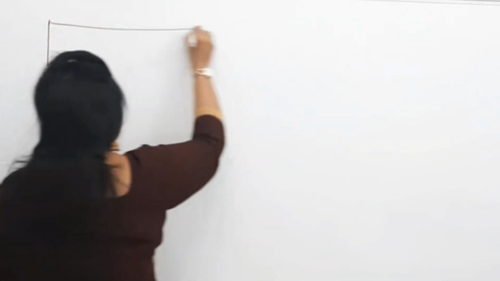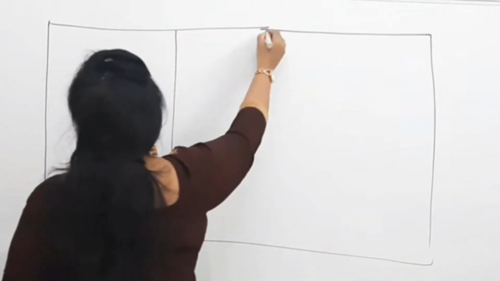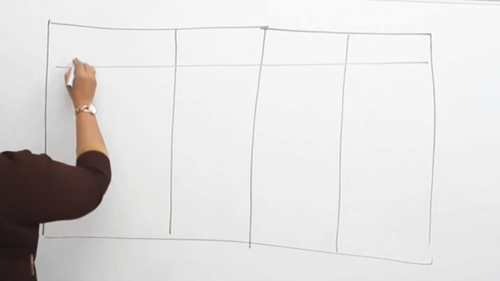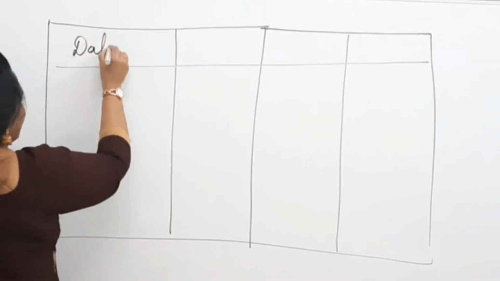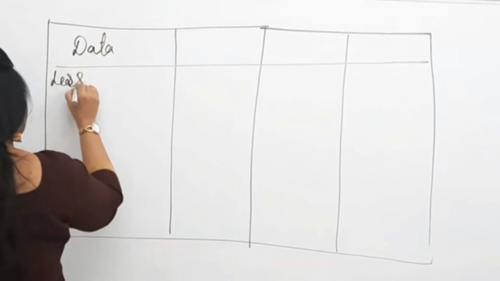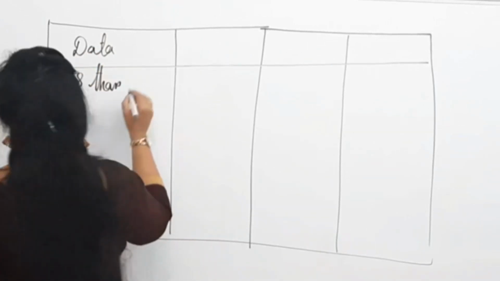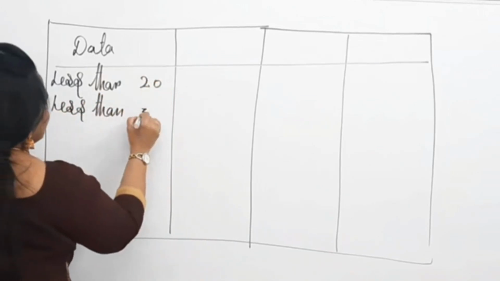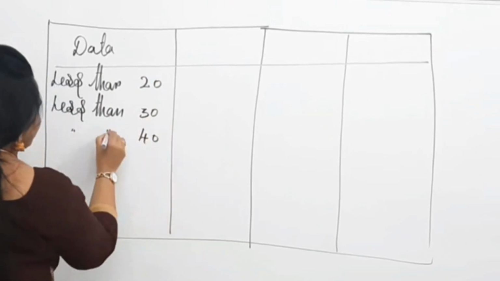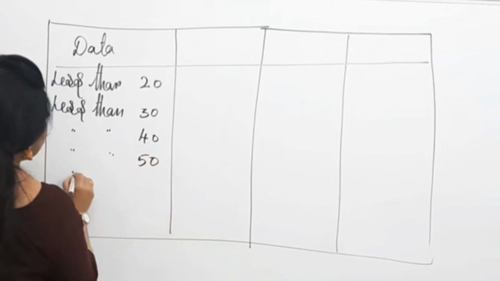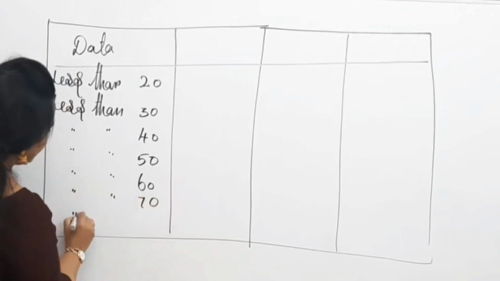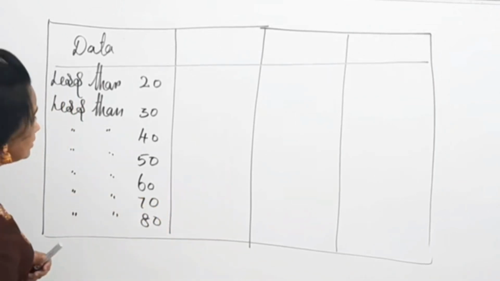So the question is having the columns, and the data is given as less than 20 and less than 30, and it goes on for less than 40, less than 50, less than 60, then less than 70, less than 80, and then 90 and 100.